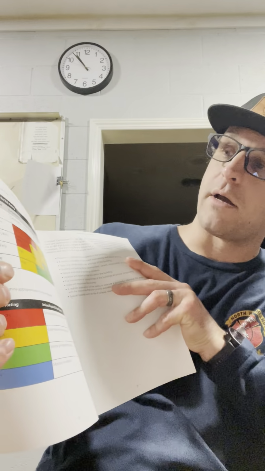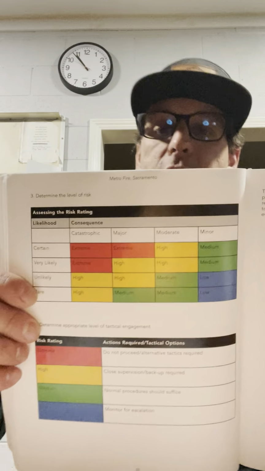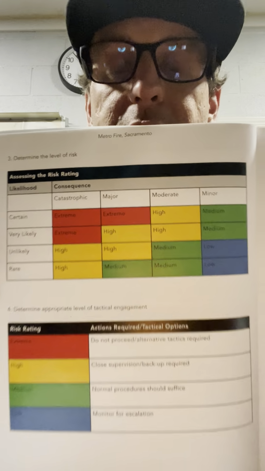And then we can also use items like a determining the level of risk chart. And this is a chart that determines how high the risk is based on certain things like how likely the event is to happen and what the consequence of the event happening is.